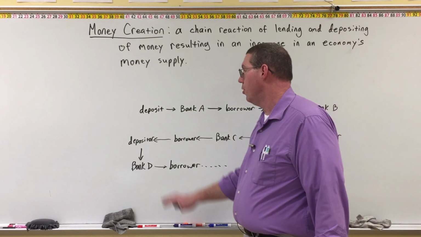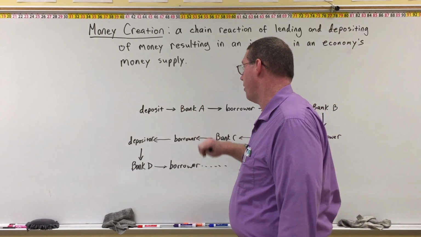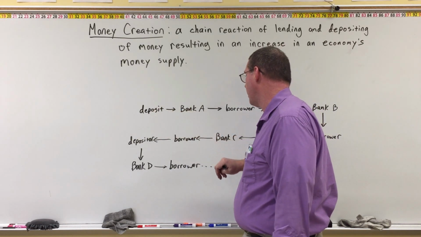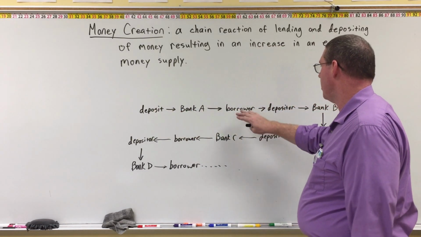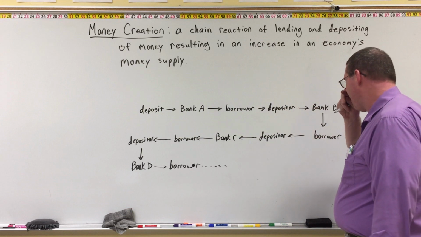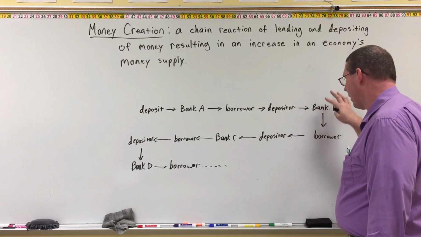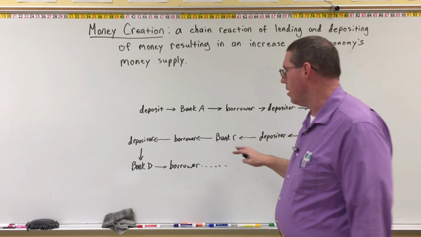And it all started with this person depositing money into their bank. When they deposited money, that bank then loaned out some of that money. They spent the money. The recipient then put their money in their bank, et cetera, et cetera, and it's going to keep going.